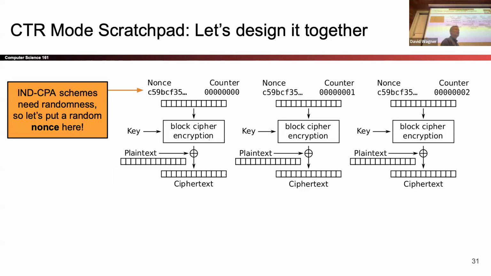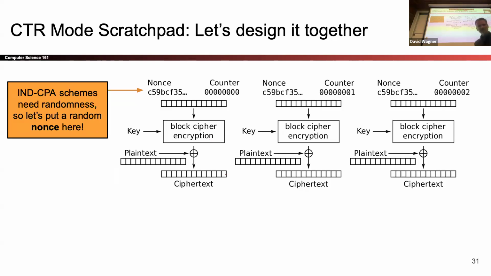The actual counter mode does something a little fancier. We want an initialization vector in there somewhere. In the official counter mode, there's a provision both for an initialization vector and a counter.